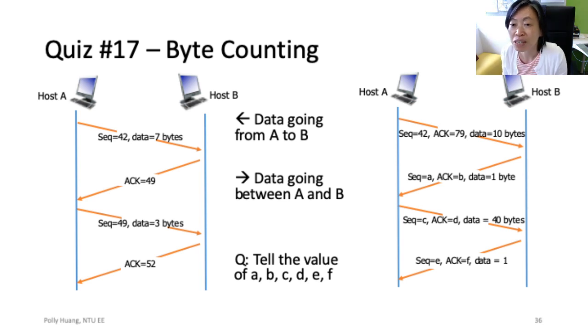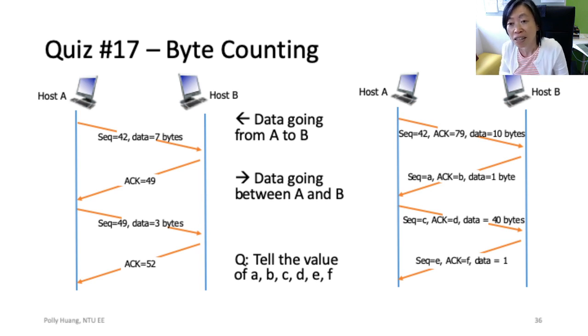In the first packet, host A is sending data and in the meantime acknowledging something. That packet starts from byte stream number 42, and the data size is 10 bytes. What should be the ACK number in the packet coming back from host B? Of course, we assume there's no bit error and no packet loss here.